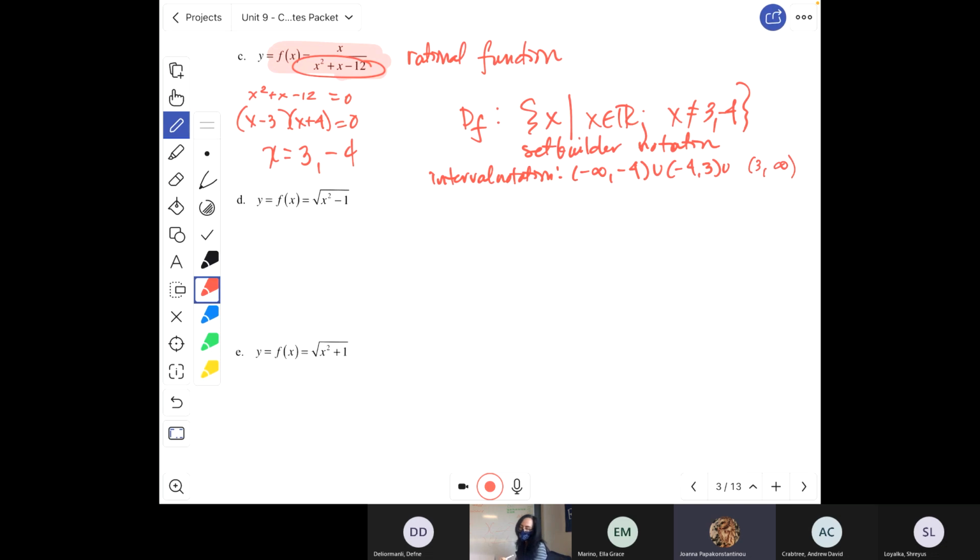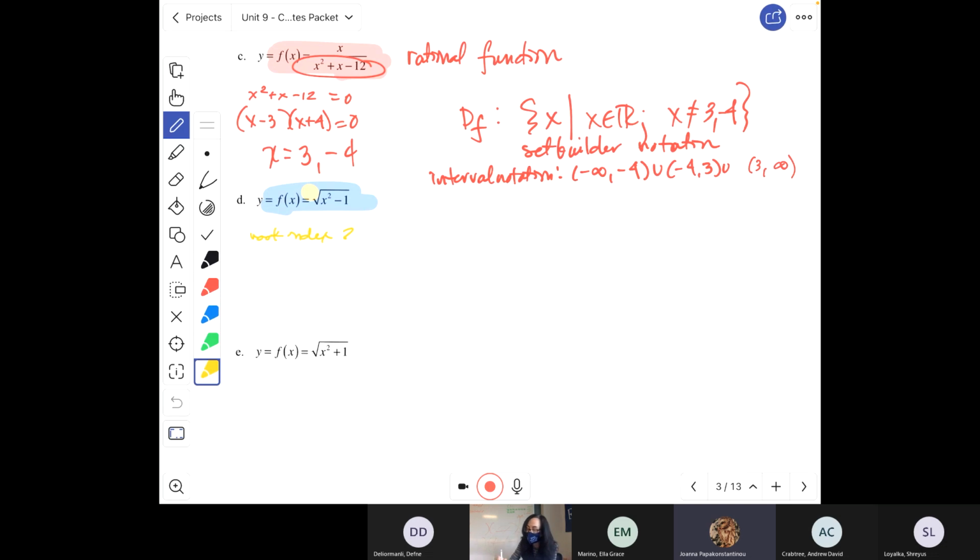All right, looking at this next one, what type of function is this? It's a radical function. And what would we investigate here? What would we first have to pay attention to? The root index. So what is the root index? 2. The root index is 2. If I don't see it, I know it's square root.